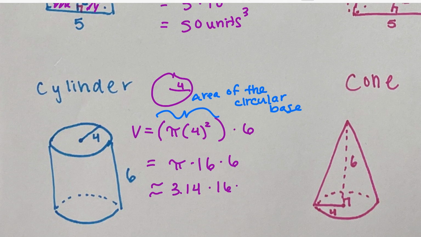Times 16 times 6. So I'm going to pull out my calculator, and 3.14 times 16 times 6 gives us approximately 301.44 units to the 3rd power.